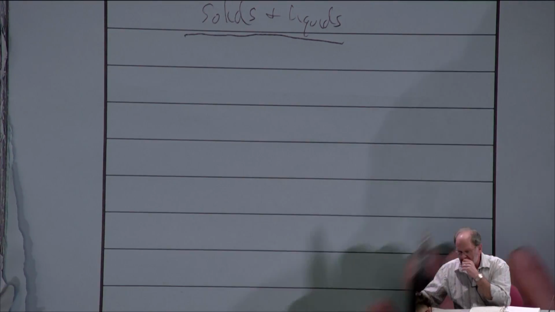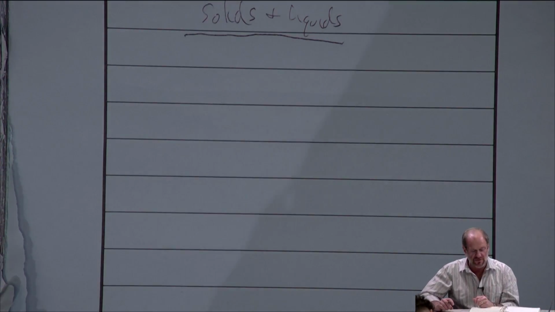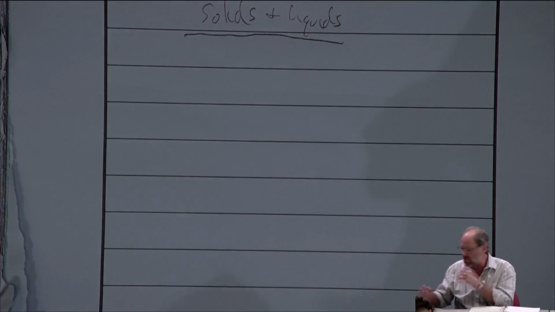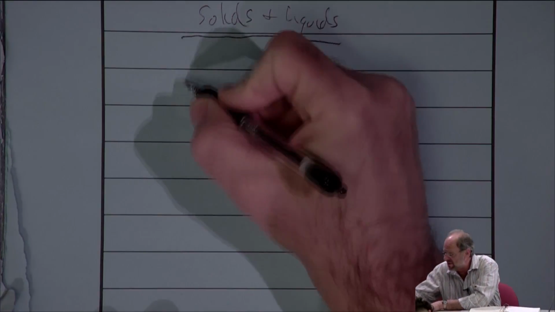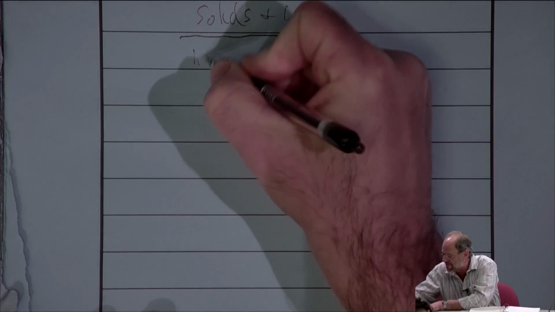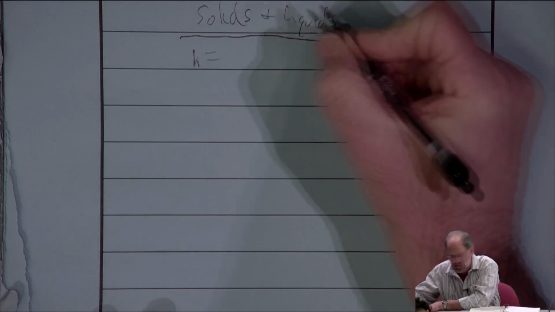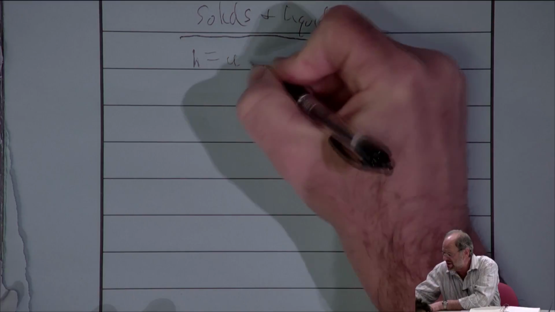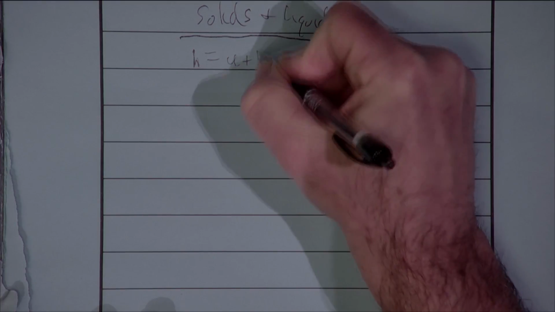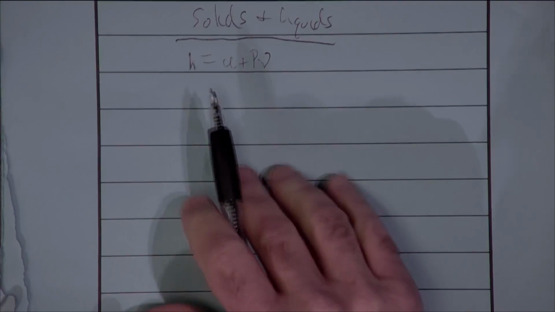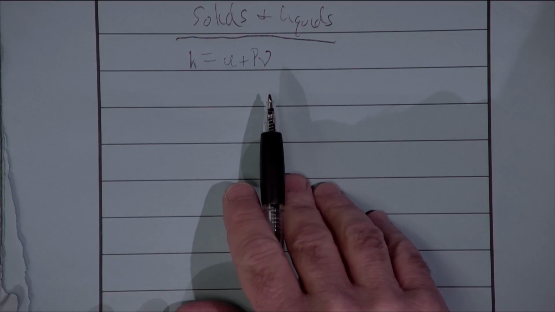All right. So we're going to use specific heats for solids and liquids as well. So what I want to do is start with my equation for enthalpy. Let's recall that enthalpy, by its definition, is just internal energy plus pressure times volume. Now, I've actually written it in its specific form.